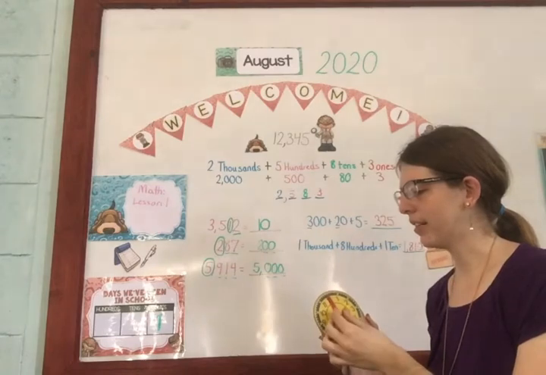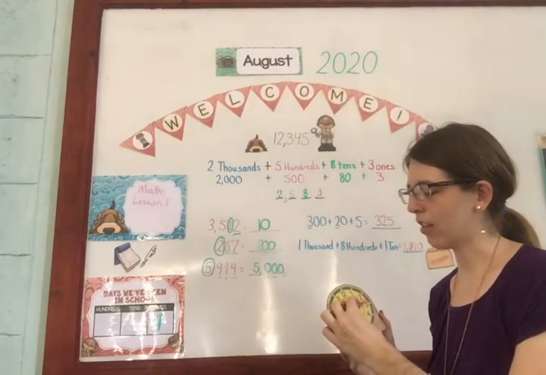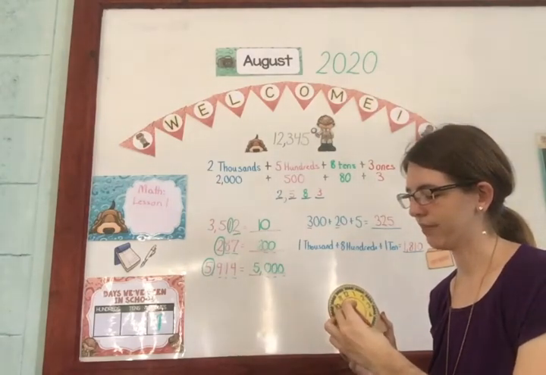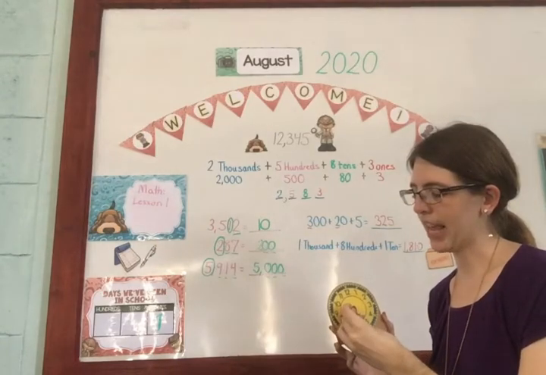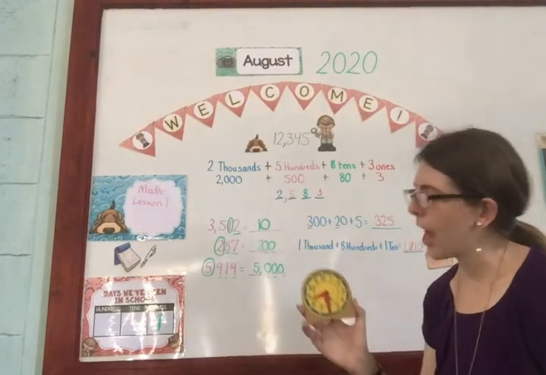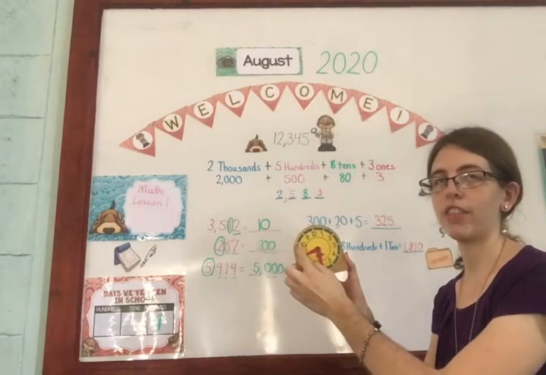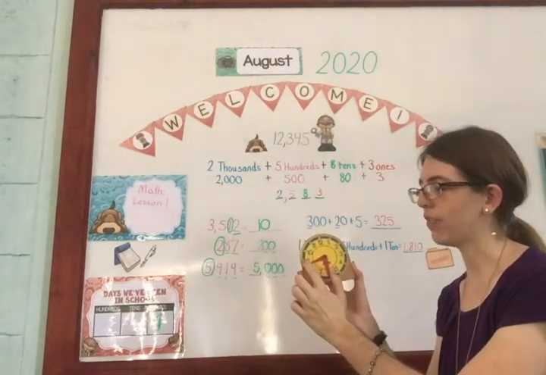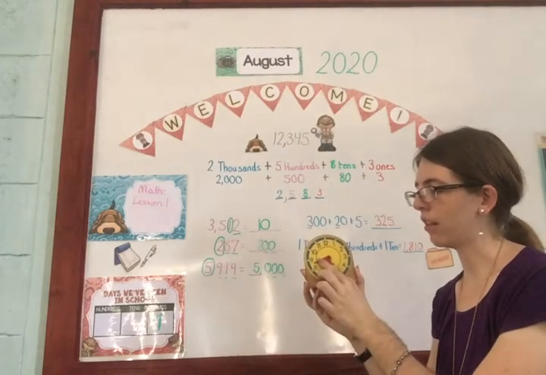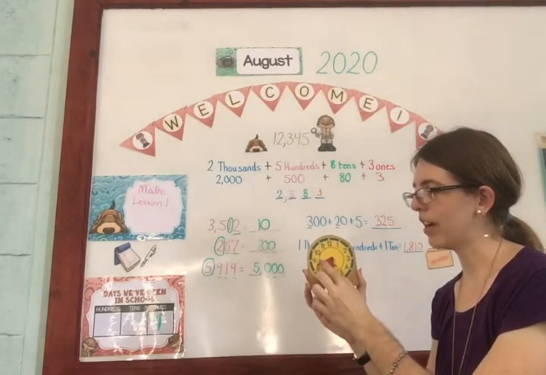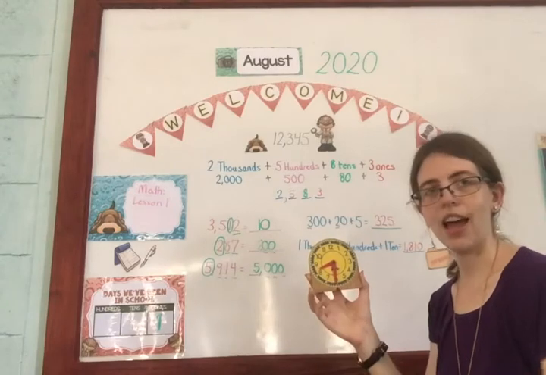So when I want to tell time, let's say my clock is set like this. I have my minute hand here on the 6. My hour hand is not going to be precisely on one of the numbers because my hour hand is moving. So it's going to be in the middle of 2 numbers. So here it's in between the 8 and the 9.